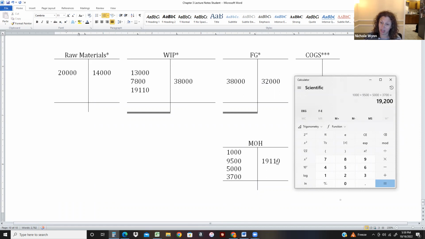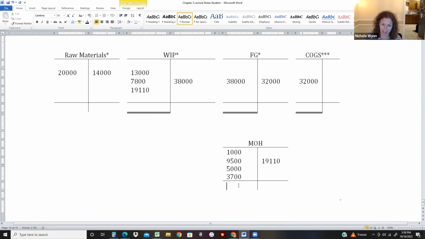My applied is only 19,110. I did not apply enough. I'm off by 90. So to close that, I would credit here and debit here. For every debit, there must be a credit. So that would bring the balance in overhead to 0.